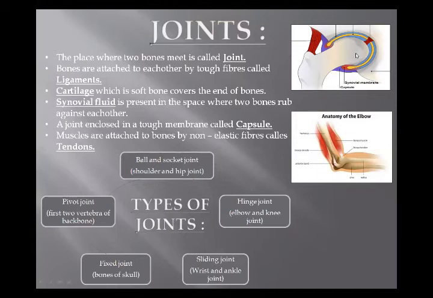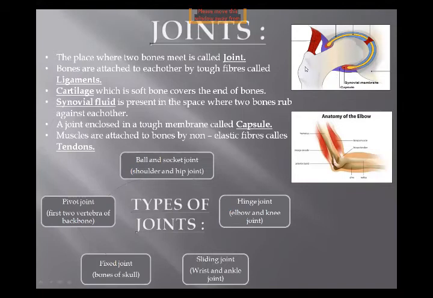And from outside, these two bones are enclosed in a tough membrane called the capsule. This capsule is made up of connective tissue, covering both bones.